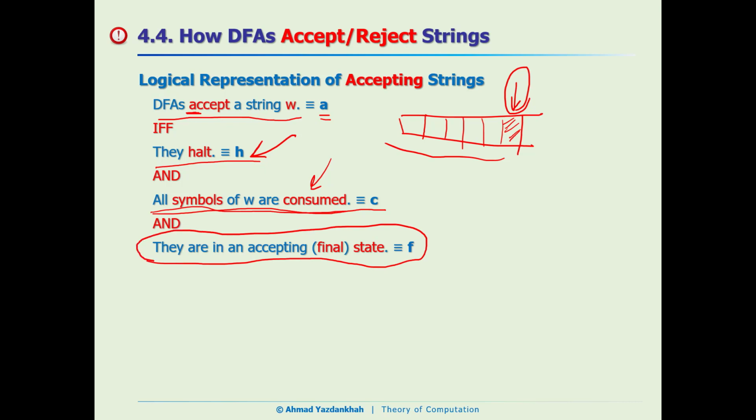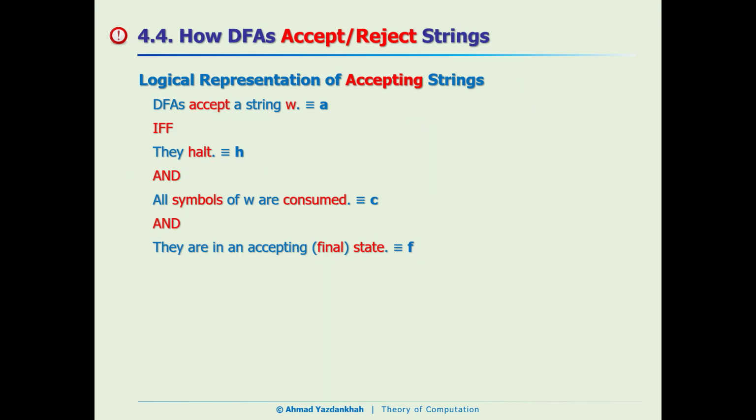So this is the third condition. If we summarize all of these three, let's see what we get. As you see, we have these three conditions that should be satisfied, and there is an AND between them. So all of them should be satisfied. The machine should halt, all of the symbols should be consumed, and the machine should be in the final state. In that case, we would say the string was accepted.